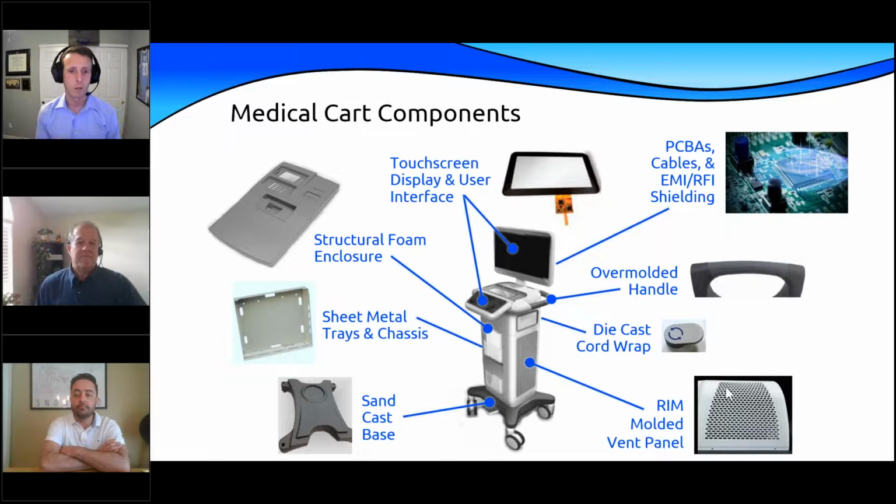And then Rich talked about bases a little bit. So this cart has a nice cast base on it. This provides a number of functional components to the cart. You need a little bit of weight in your base typically to handle the weight distribution, so you're not tipping over the cart when you're pushing it over a door threshold.